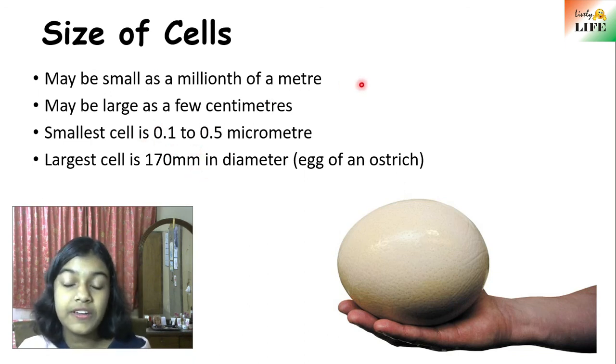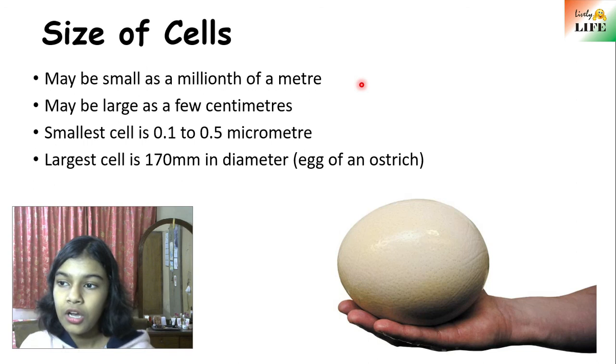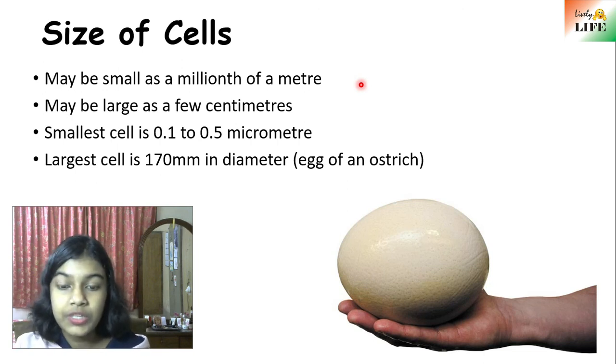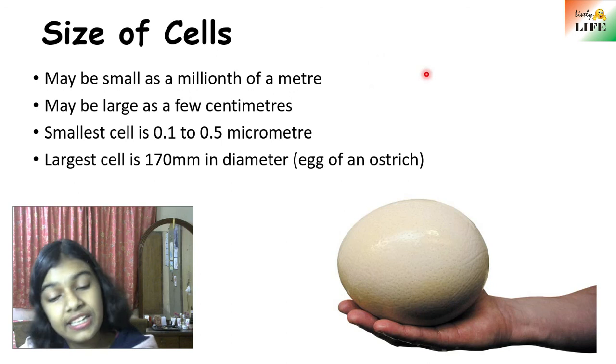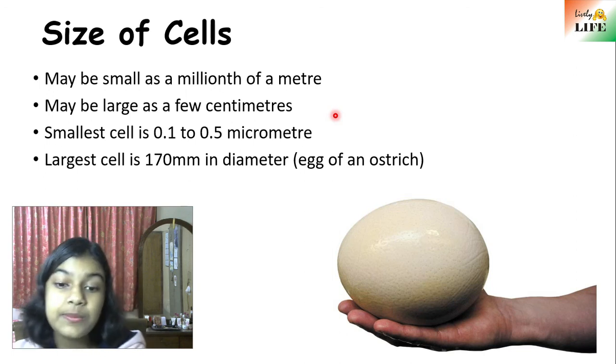Okay, now here an important point comes: the size of a cell doesn't depend upon the size of an organism. For example, if we compare an elephant and a rat, the elephant is a lot bigger than the rat, right? It doesn't mean the size of a cell in an elephant will be bigger than in a rat. No, the number is much larger.